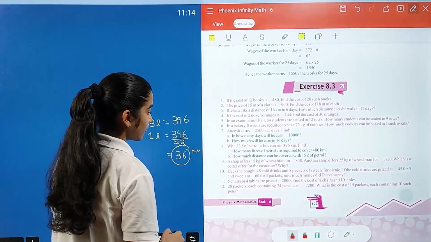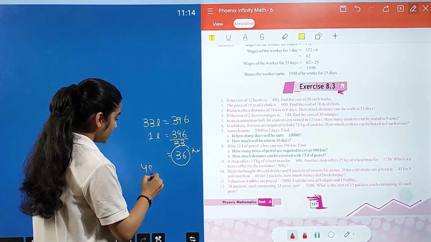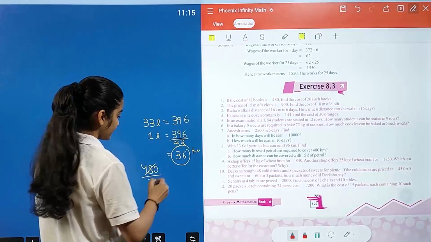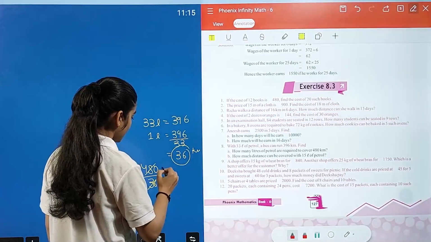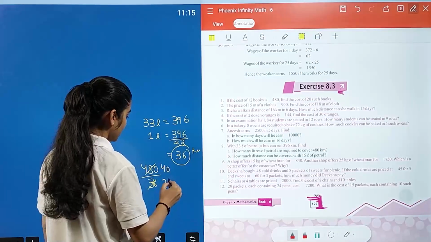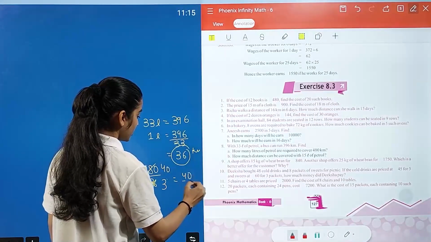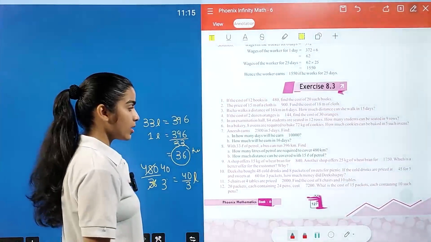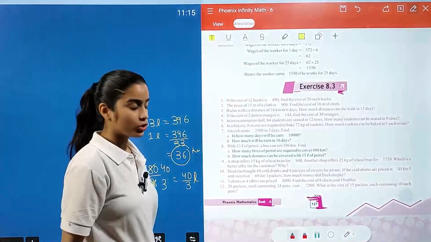So how many liters of petrol are required? 480 divided by 12. Here we have 40, so 40 liters of petrol is required for covering 480 km.